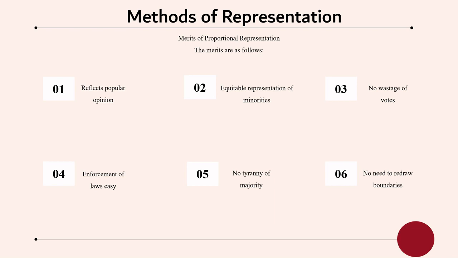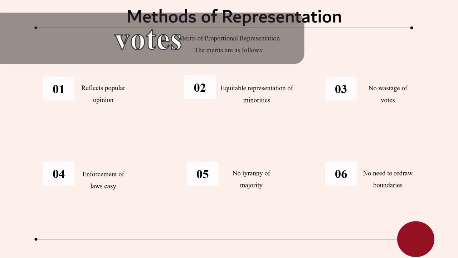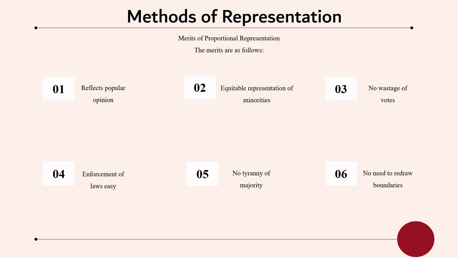The various minorities and groups secure representation in the legislature in proportion to their voting strength. Third, no wastage of votes. As votes beyond the required quota are transferred, votes have value and they are not wasted.